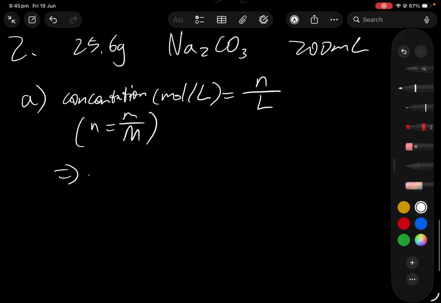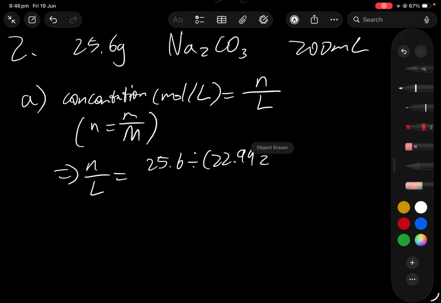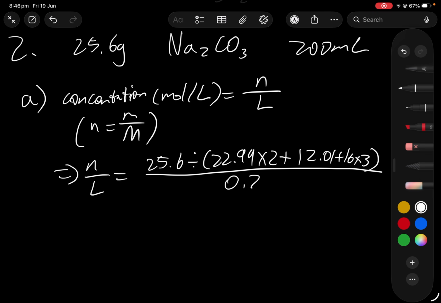So then that equals N over L equals mass. So 25.6 divided by molar mass, which is sodium is 22.99 times 2 plus carbon is 12.01 plus 16 times 3, all over 0.2.